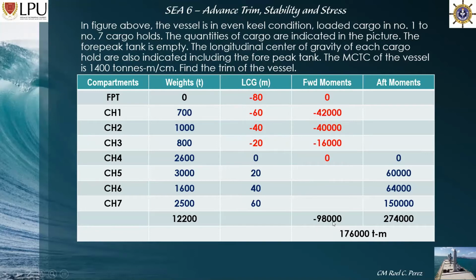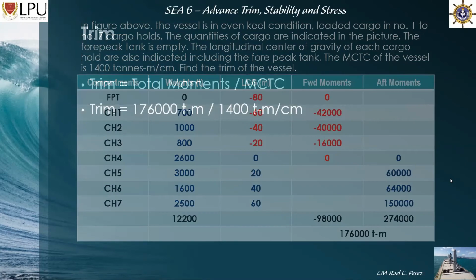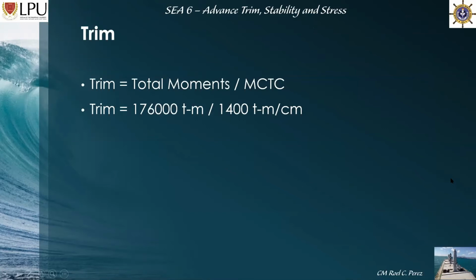So, we multiplied and then you can see the positive moment, or the aft moment, is more, no? So then next, it doesn't fit. Okay, so this is the formula.